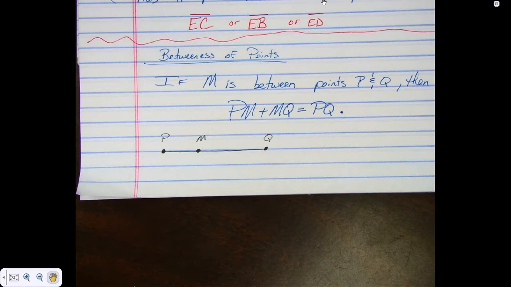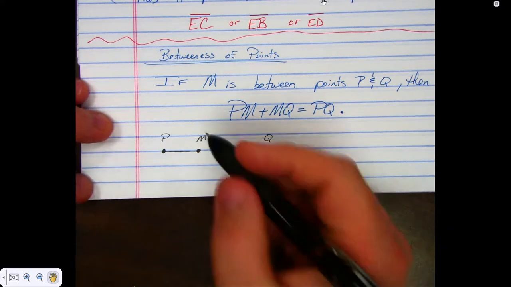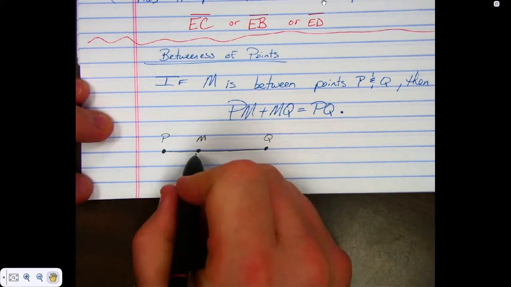Did you guys get something like this? Yeah. Okay. Magic. Poof. Just snap my fingers, it was drawn. Now, you see how M is between.